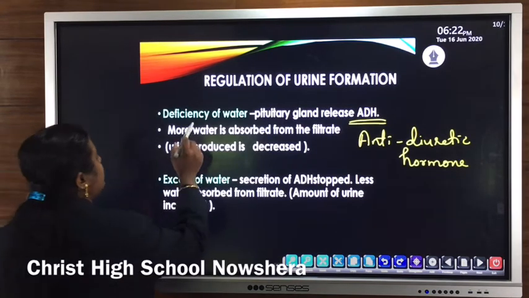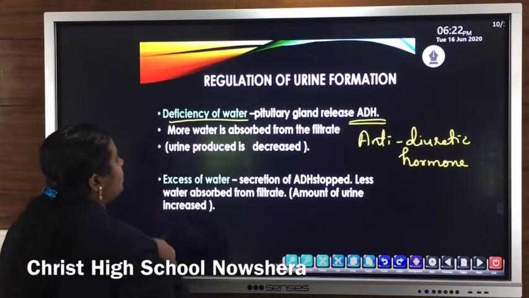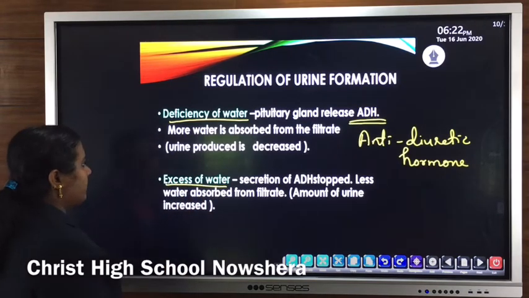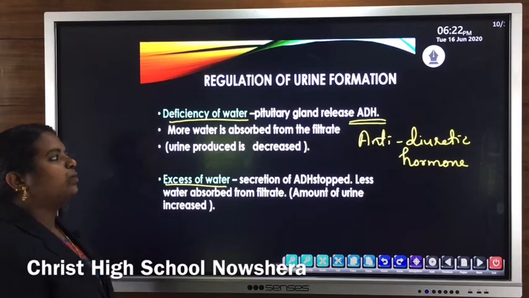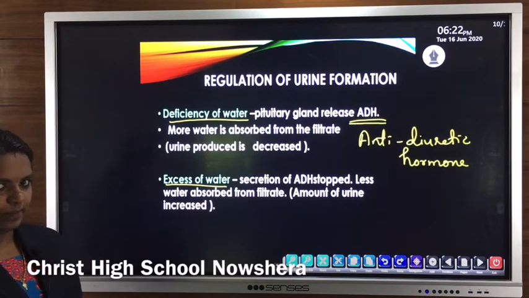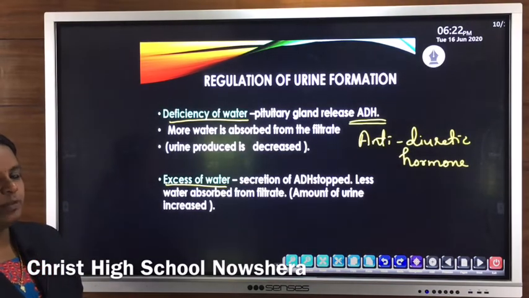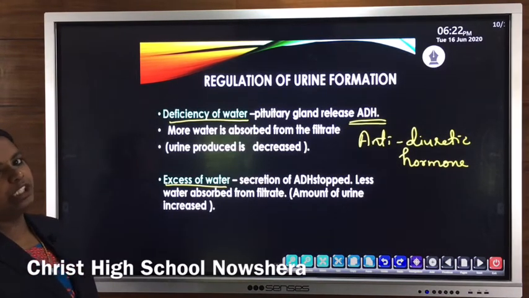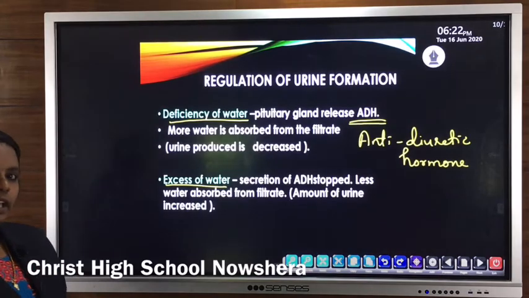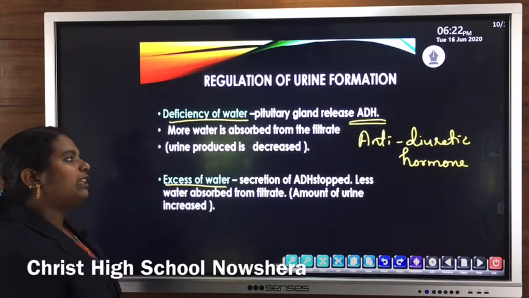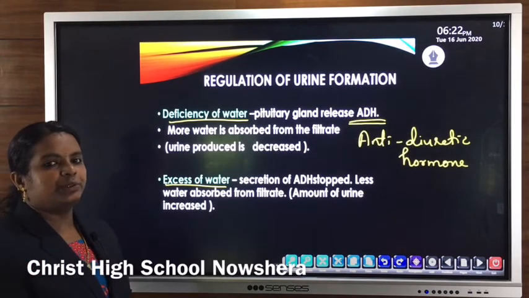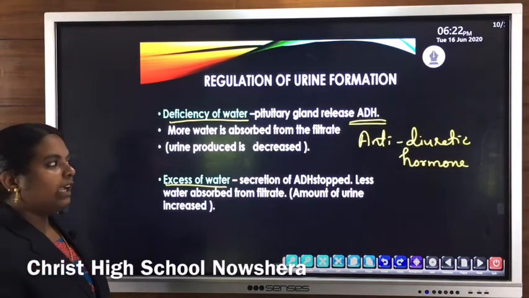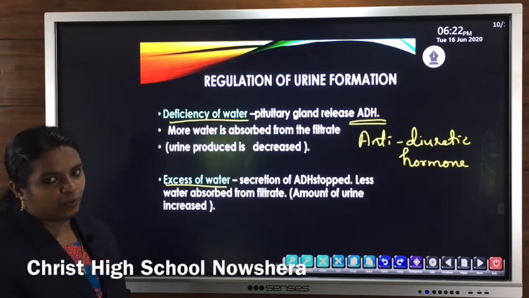So two situations are there. One is deficiency of water, and the second situation is excess of water. If there is deficiency of water in our body, then what will happen? The pituitary gland, an endocrine gland, is concerned with the release of ADH, or antidiuretic hormone. And the main function of ADH is that it helps in the reabsorption of water.